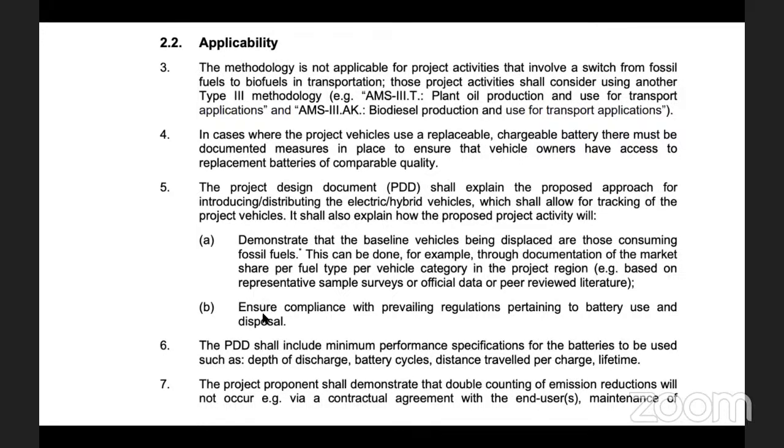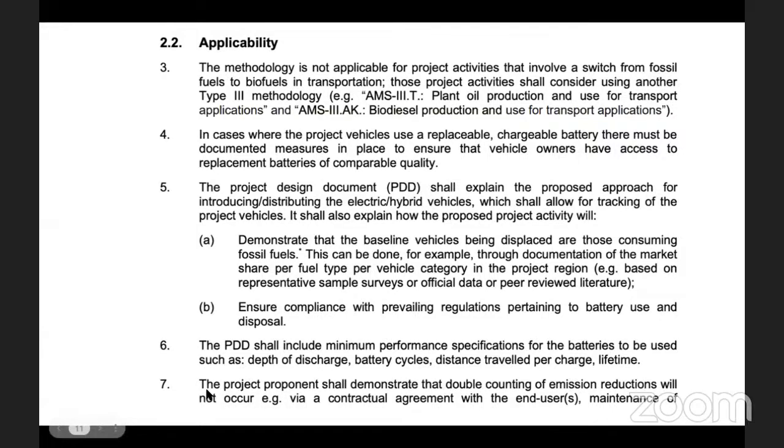B. Ensure compliance with prevailing regulations pertaining to battery use and disposal. 6. The PDD shall include minimum performance specifications for the batteries to be used, such as depth of discharge, battery cycles, distance traveled per charge, lifetime. 7.